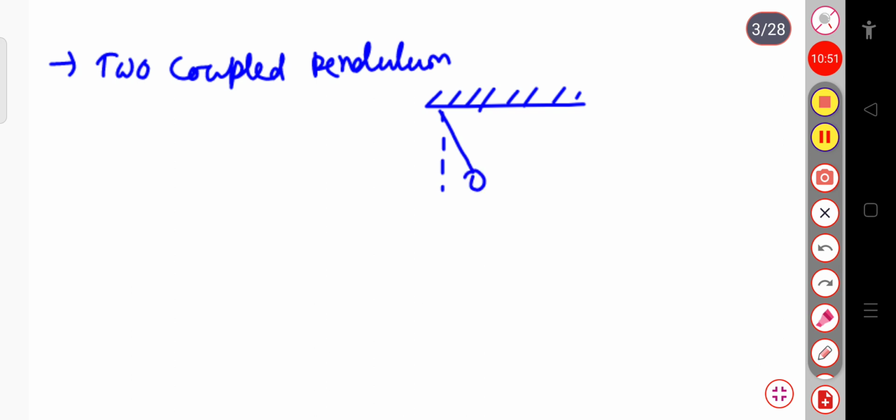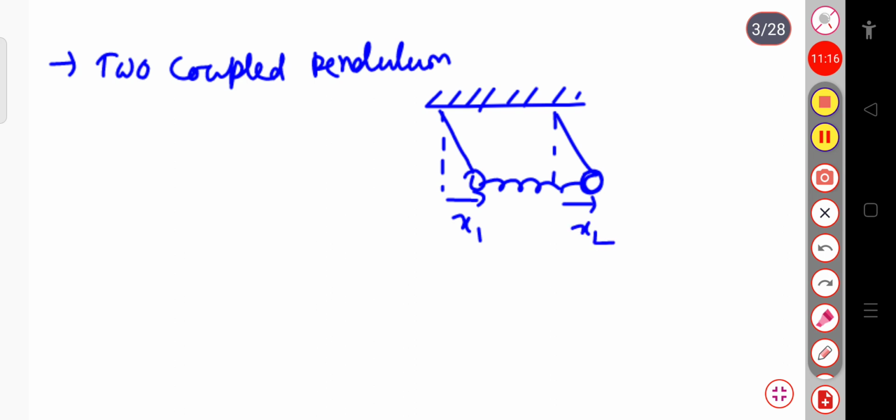The pendulums are attached with a spring. The displacement from the mean position is suppose x1, and here suppose x2.